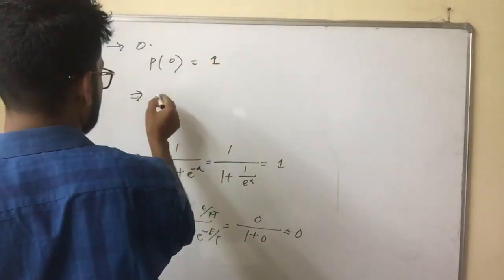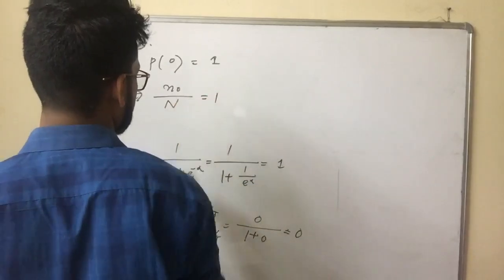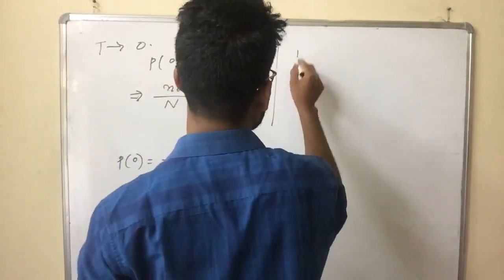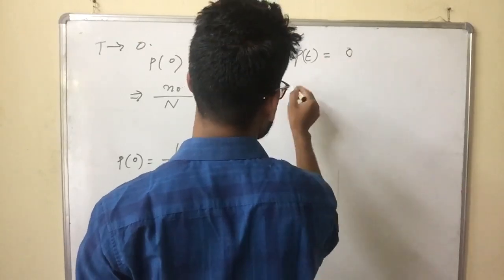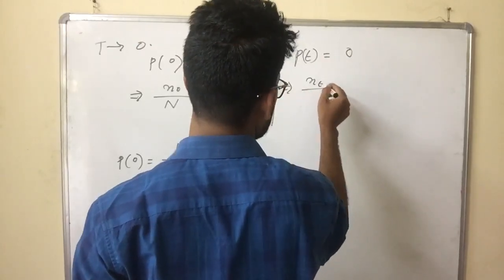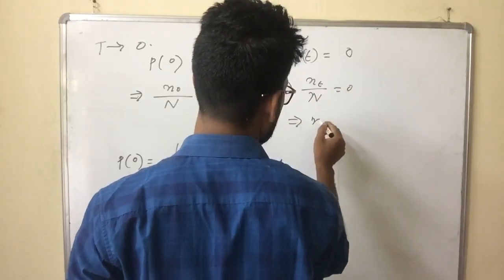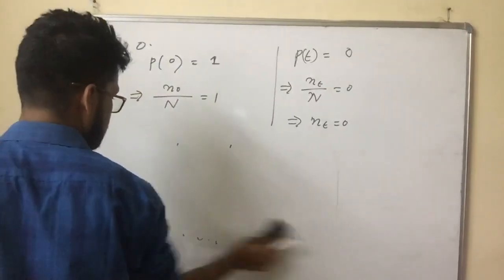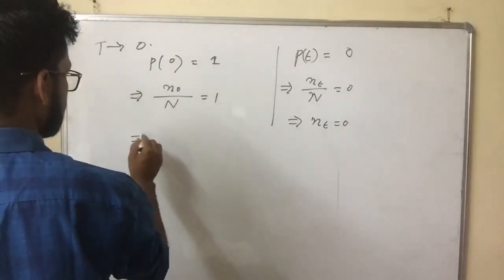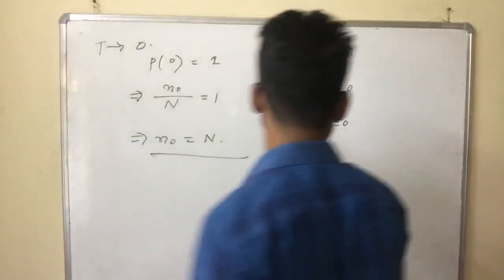P0 means N0 divided by N equals 1. And P of the excited state is 0, meaning N_E divided by the total number of particles is 0, so N_E equals 0. So N0 equals N. That means you see the consequence.